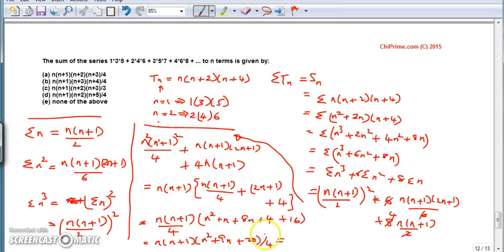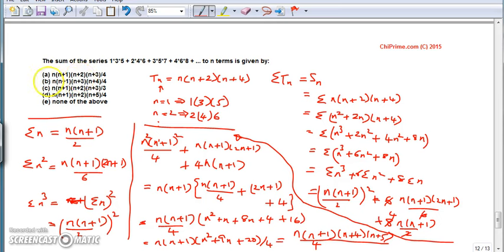And n squared plus 9n plus 20 factors as n plus 5 times n plus 4, right? So then we get n times n plus 1 times n plus 4 times n plus 5. Just going to draw that partition over there so we don't get confused. Divided by 4. That is the expression that we want.